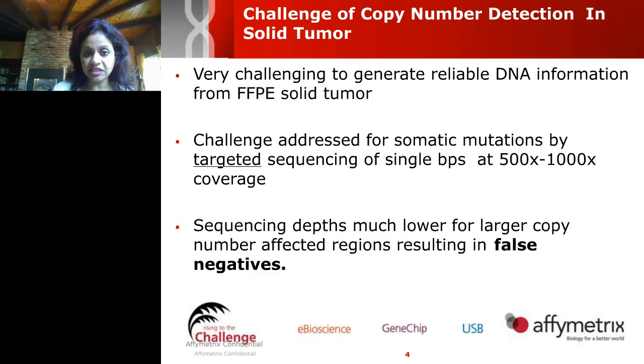Next generation sequencing technologies have addressed this challenge for somatic mutations by the targeted sequencing of single base pair or limited base pair hotspots at a very high depth of 500x or 1000x. But copy number changes affect larger regions, sometimes genes and entire chromosomal arms, and sequencing depths across those regions tend to be much lower, which affects the results you get, resulting in false negatives.